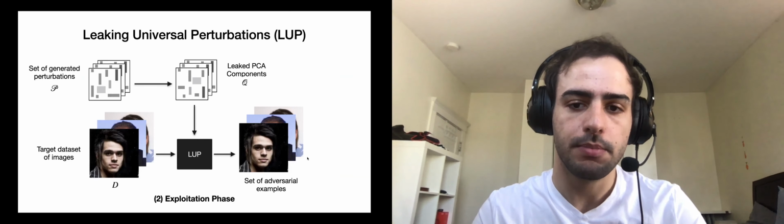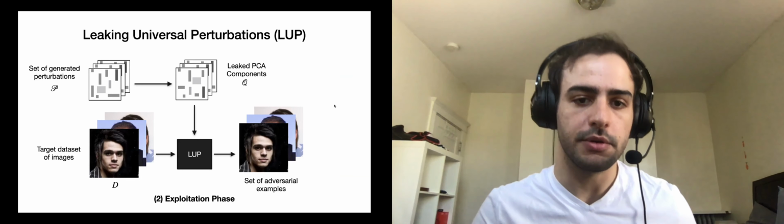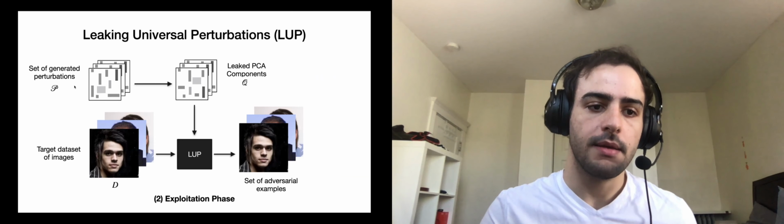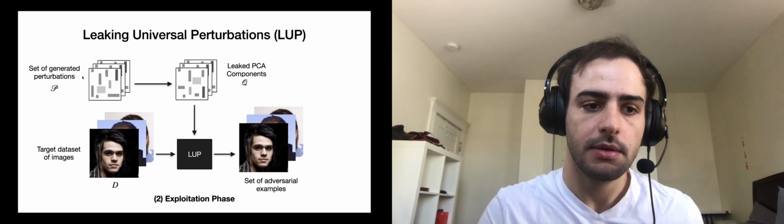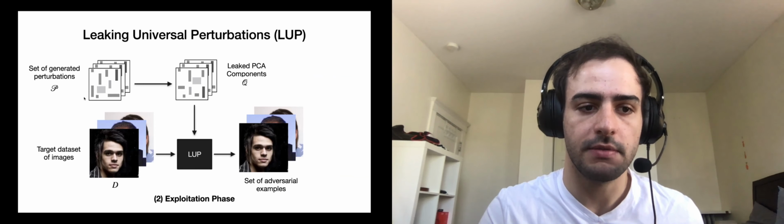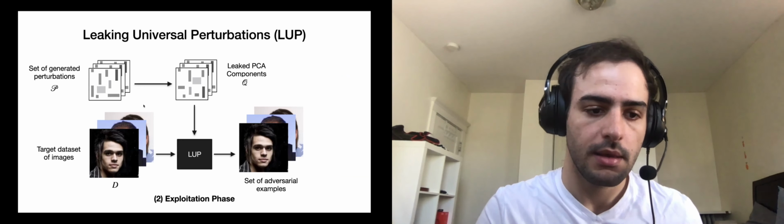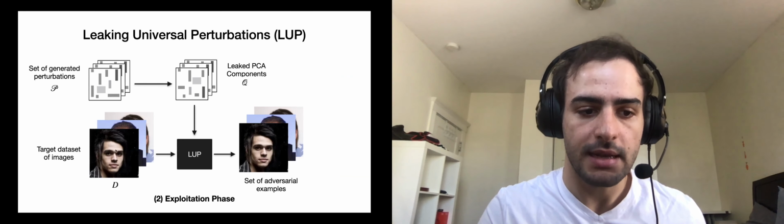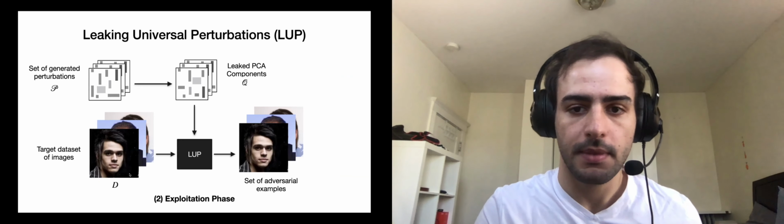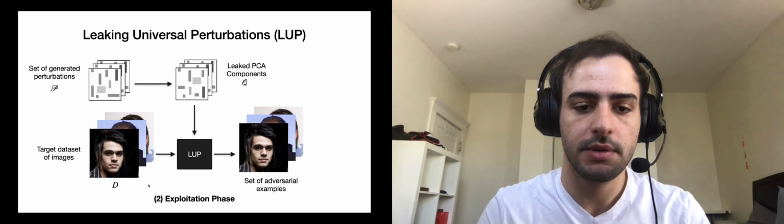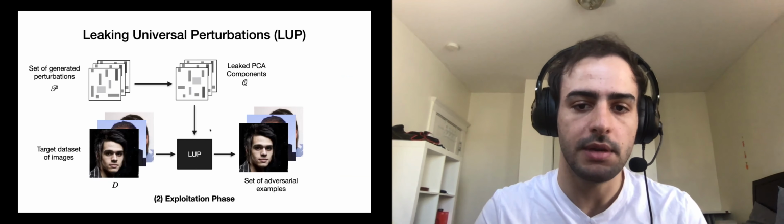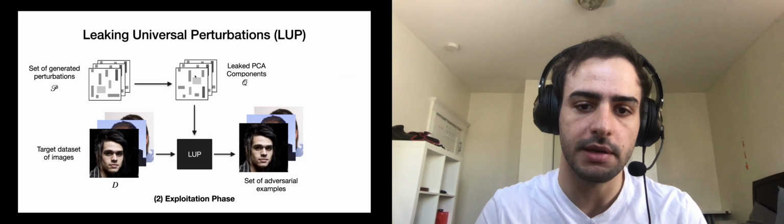Now we're going to exploit this set of generated perturbations P. How we do this is we generate a set of PCA components using this set of generated perturbations. And now we want to attack this target data set of images D. So instead of going pixel by pixel in the image using the image space basis, we're going to use this basis that we've just generated.